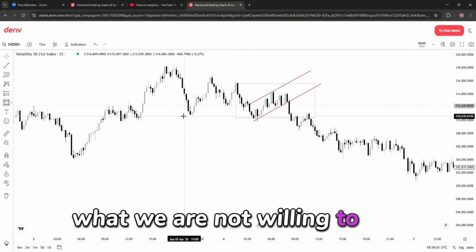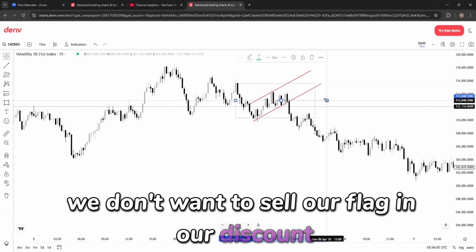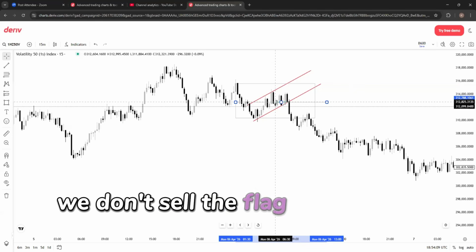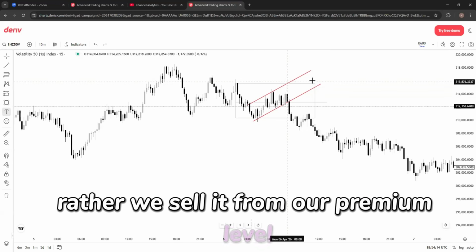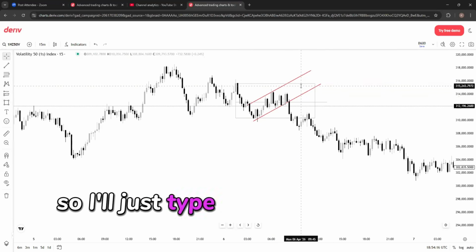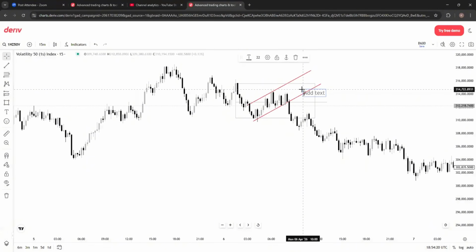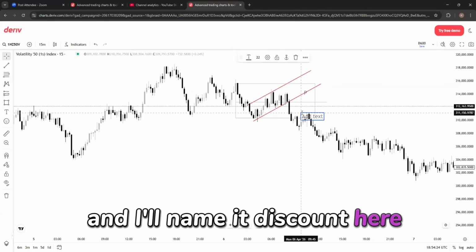We don't want to sell our flag in our discount. Since this is a sell flag, we don't sell it at a discount level. Rather, we sell it from our premium level. So I'll just name it P here, and I'll name it discount here.